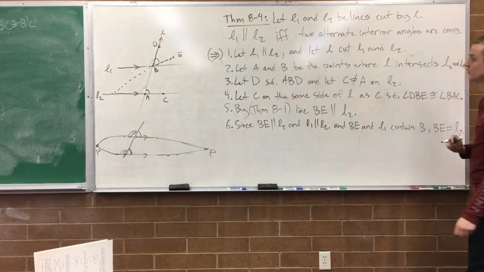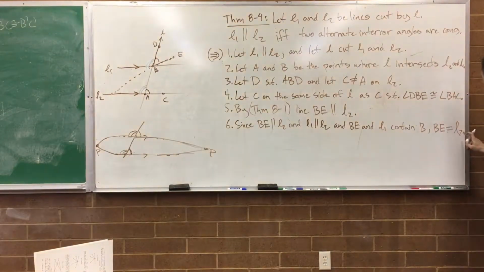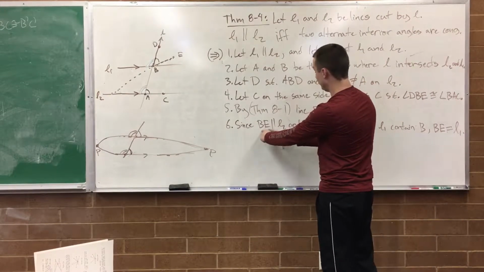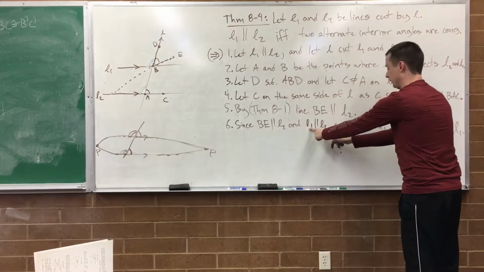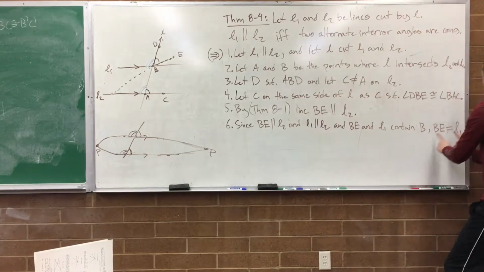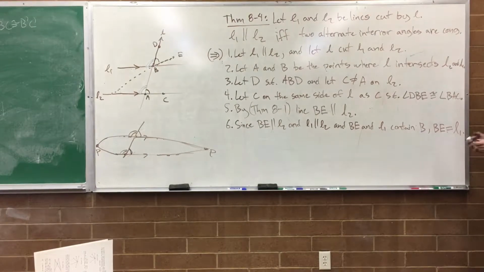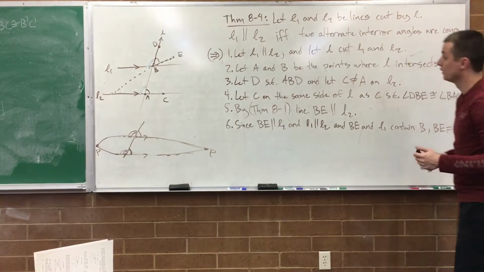They're the same line. Did I mix up my L1s and L2s as I was talking? Since BE is parallel to L2 and L1 is parallel to L2, then BE and L1 are the same line because they both contain B. Does that make sense? Okay.